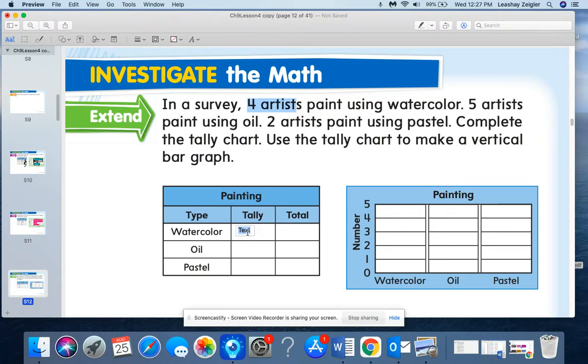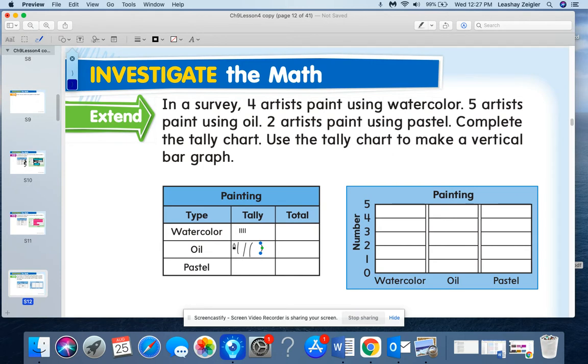So I'm going to do 4 tally marks. And then it says 5 artists use oil painting. So I'm going to do them with my line because I have to go across. 1, 2, 3, 4.